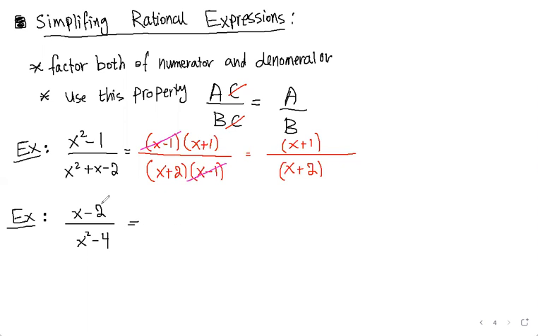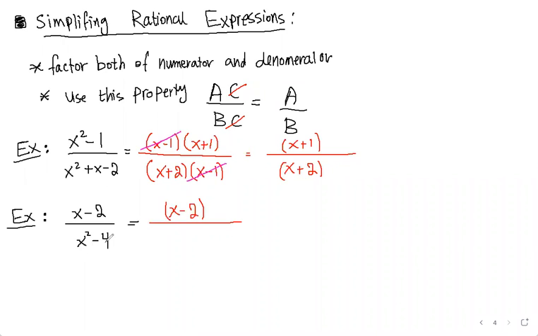How can I simplify this one? The numerator is simple, x minus 2. Can we factor the numerator more than this? No, we cannot, so we keep it the same.